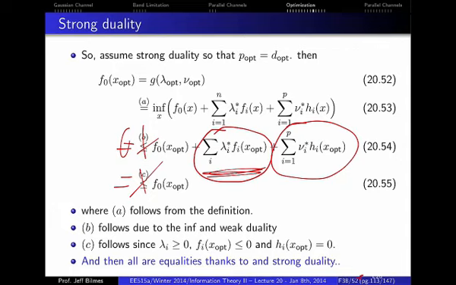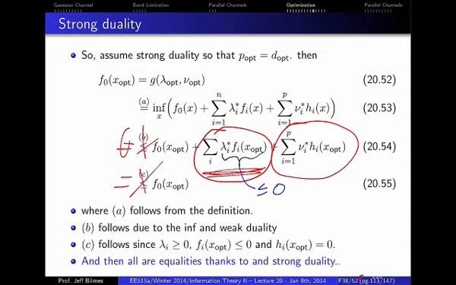The other thing we note is that each term in the sum, each one of these guys here, what do we know about that? That's right, they're less than or equal to 0. Because it's primal feasible, the f's are negative or 0, and then lambdas are greater than or equal to 0. So each one of these guys is non-positive.